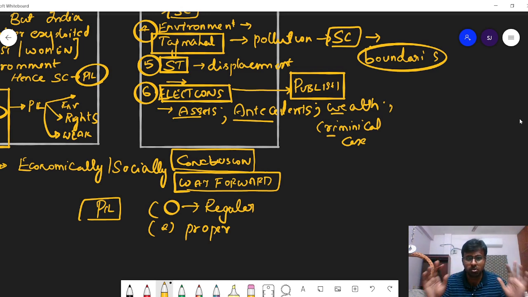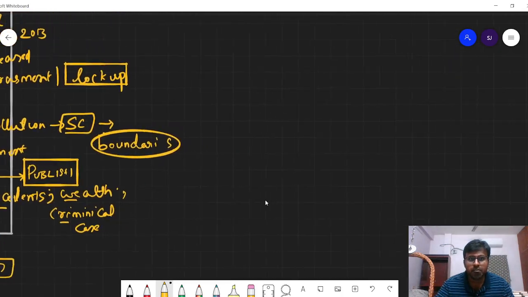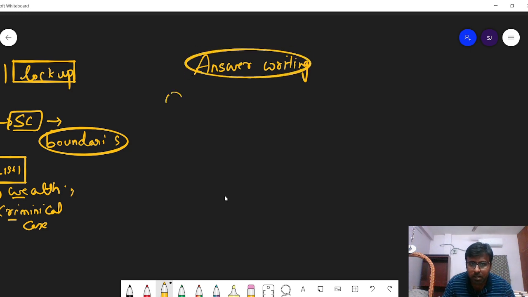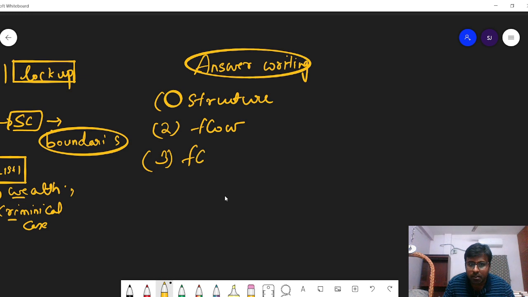So if you conclude like this, my friends, this is what is called answer writing. In this answer writing, we have seen how you structure, how you make the flow, how you use a flow chart, how you use data, many things we saw.